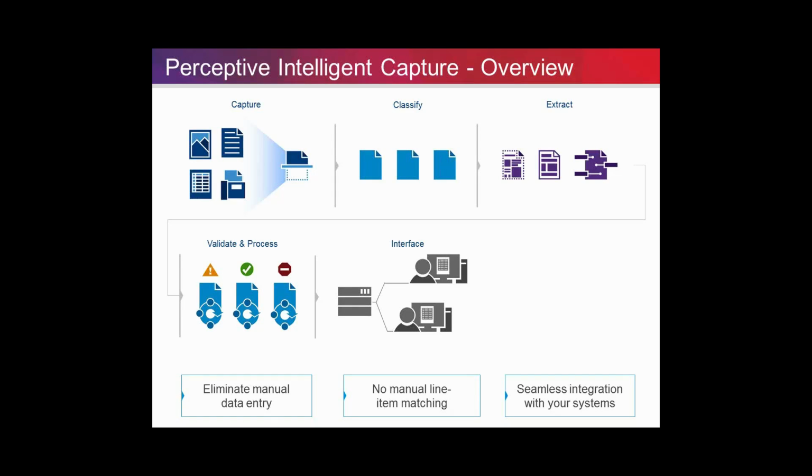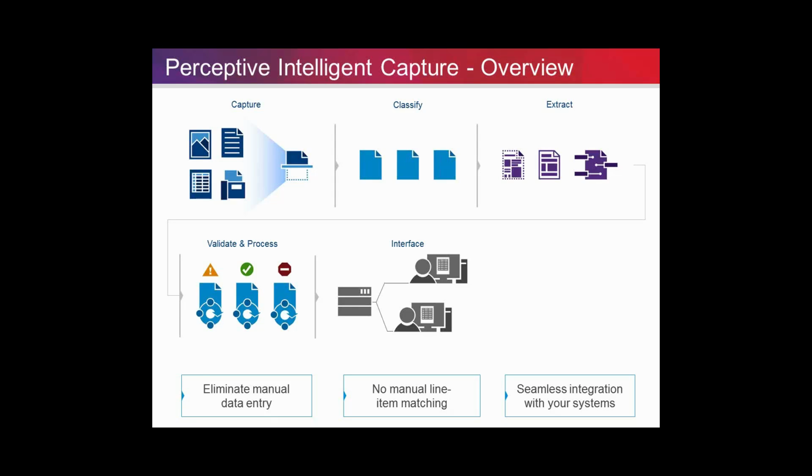So now that that information has been classified, extracted, and validated, what's left to do manually? Well, we're not manually doing any data entry, and we're not manually having to do any line item matching because the software is doing that for you. And you're just focused on those exceptions, on maybe what doesn't match, what's over a certain threshold, your business rules that would warrant an individual stepping into the process.